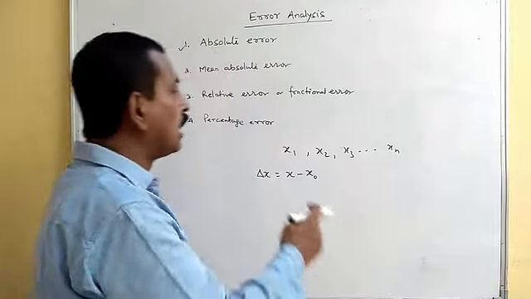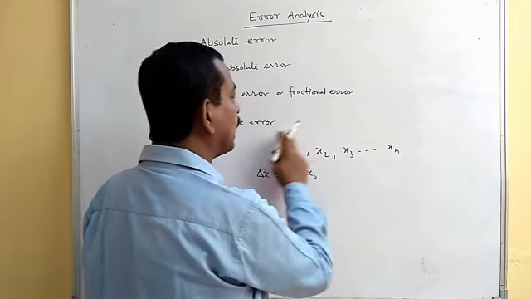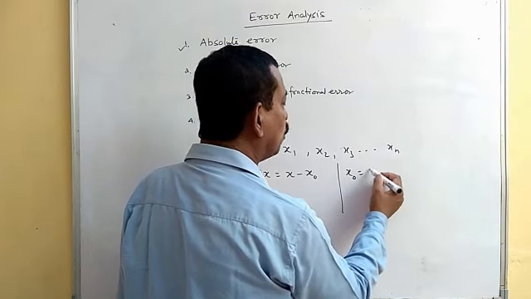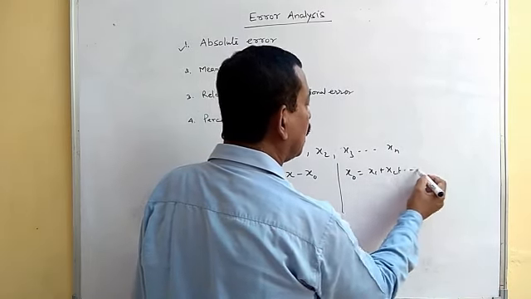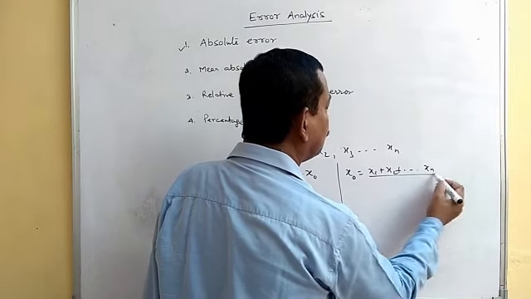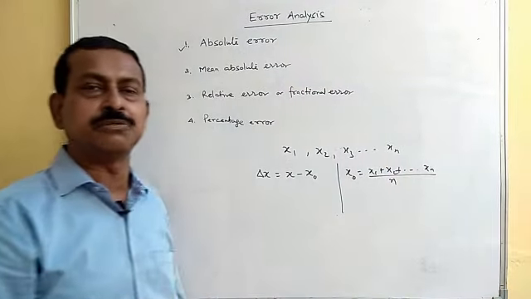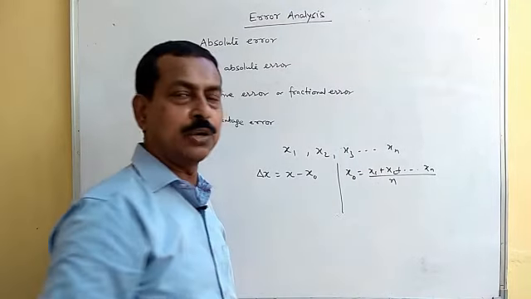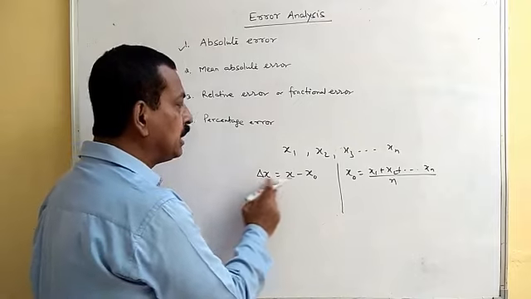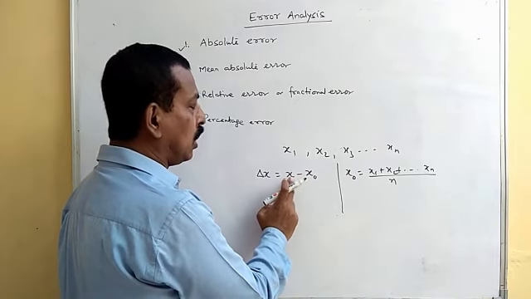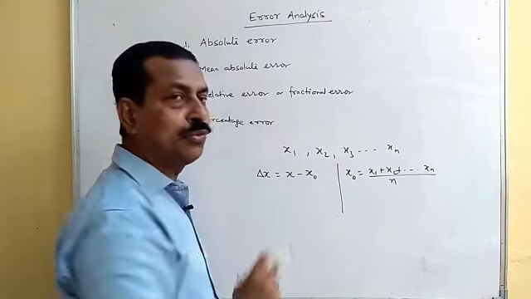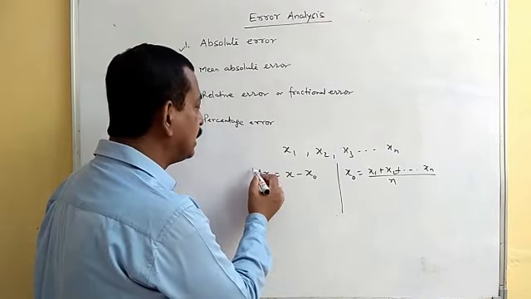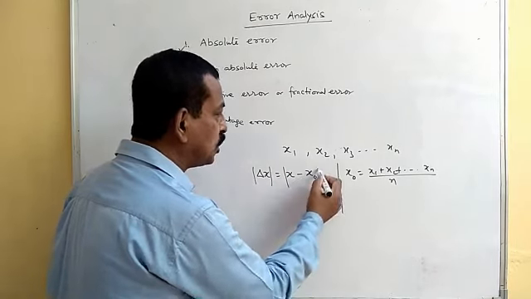If you have n observations, then this mean value will be x1 plus x2 up to xn, divided by the number of observations. So this is your mean value or true value. So the error will be the difference of the measured value and the true value or mean value. But absolute error is the magnitude of this quantity.